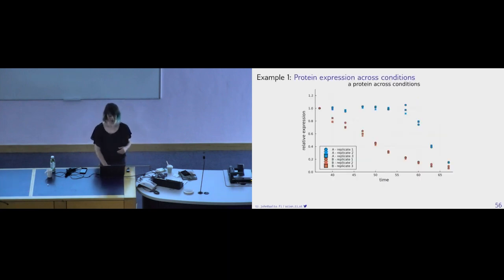So the first example is protein expression across different conditions. What we have observed here is the relative expression of some protein as a function of time. And because of messy biology, they repeated it 3 times.